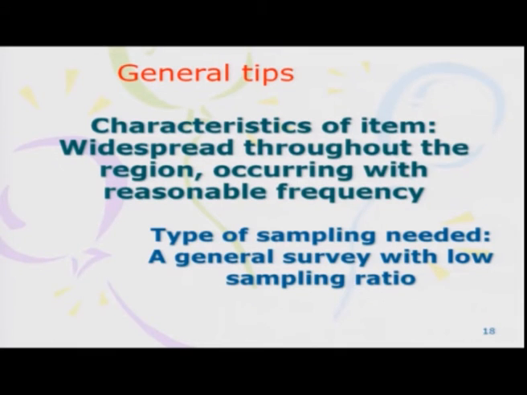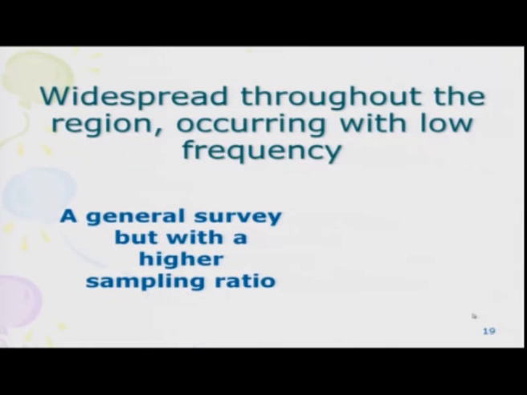Frequency is reasonable in all parts, and therefore a low sampling ratio will work. Although the sampling ratio, meaning sample size to population size, is low, because something is occurring with reasonable frequency in all parts of the population, the sample size would be okay.